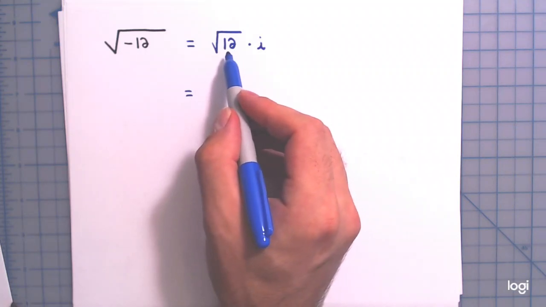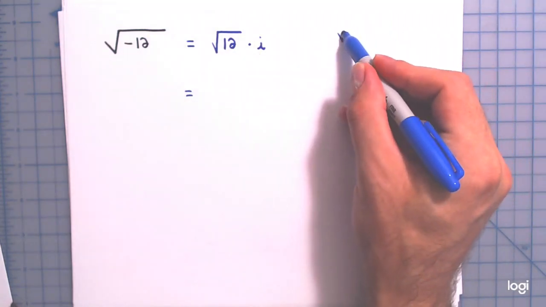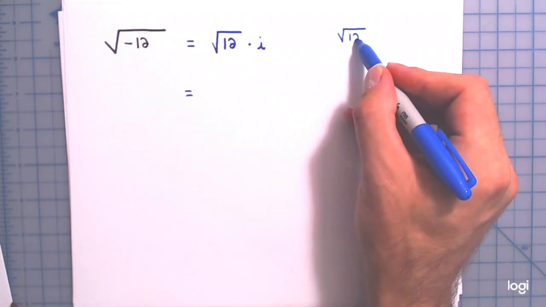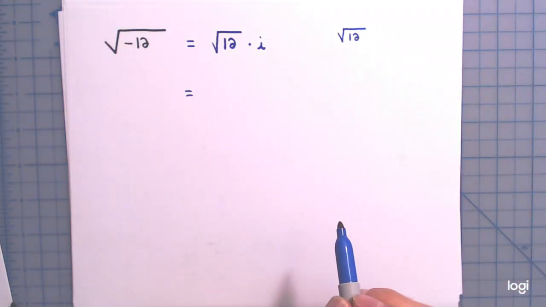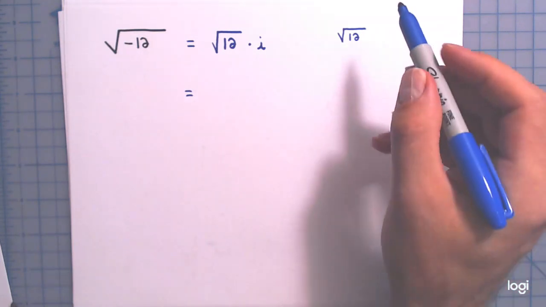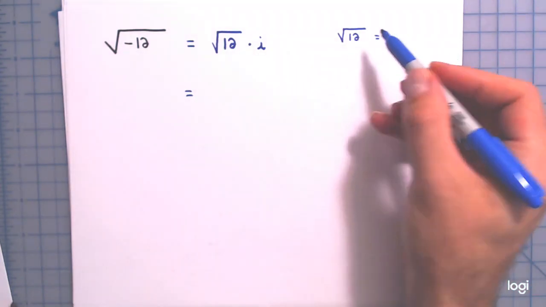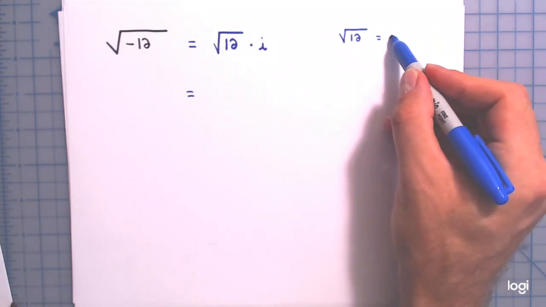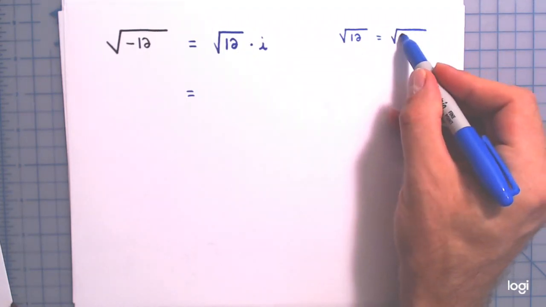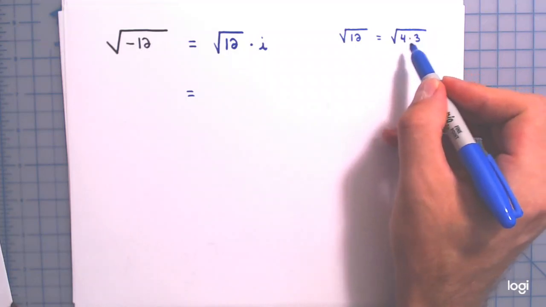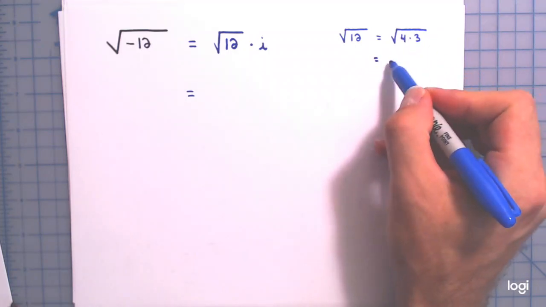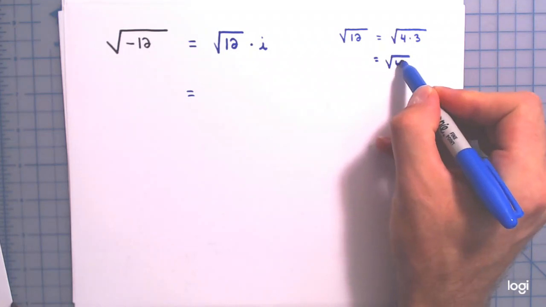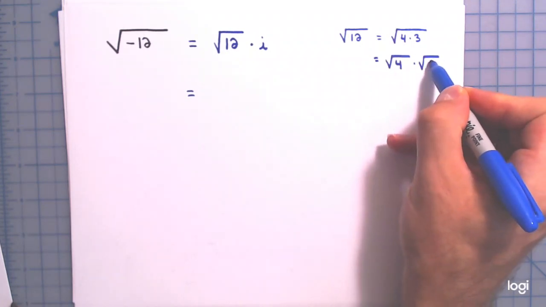Remember the square root of 12, I'll do this off to the side. When you're simplifying a square root, you've got to think of perfect squares that are factors of the radicand. Now 12, a perfect square that goes into 12 other than 1 would be 4. That's 2 squared. So that's the square root of 4 times 3, which, using the product property, you can break up into the square root of 4 times the square root of 3.